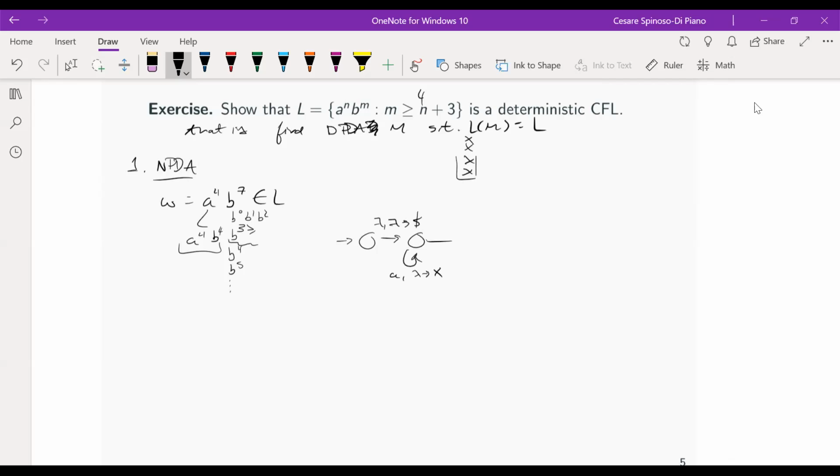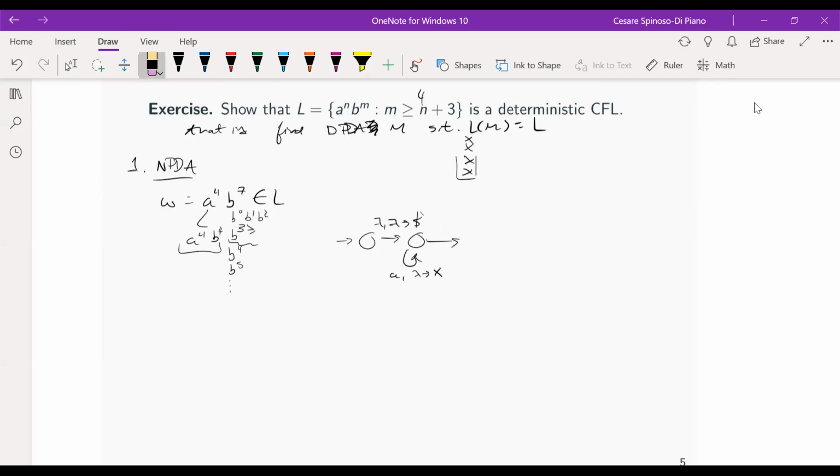I'm trying to find a way to show you that no matter what you do, it's going to give you an NPDA. Let's say I don't use a lambda transition, because that would automatically make it not a DPDA.